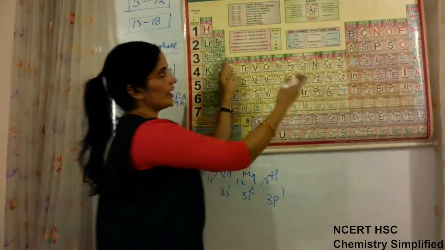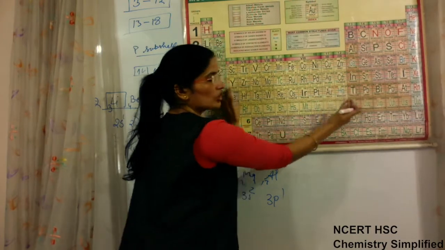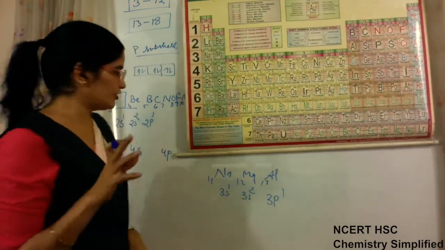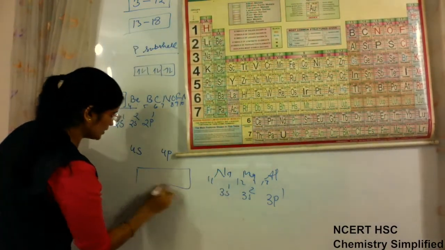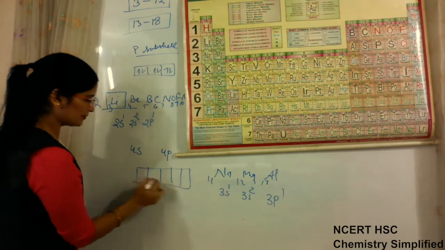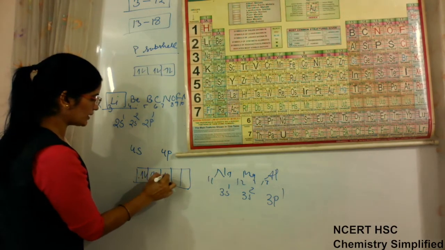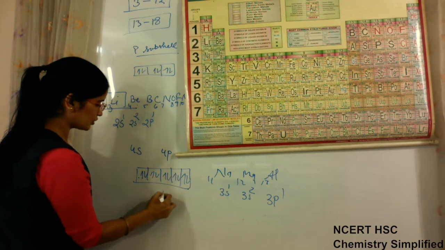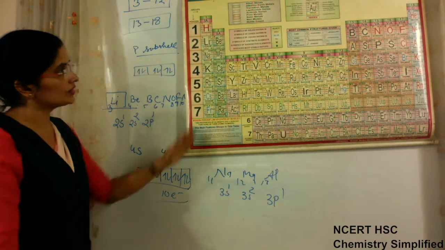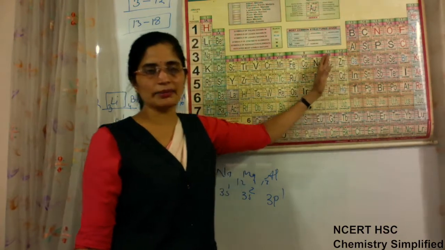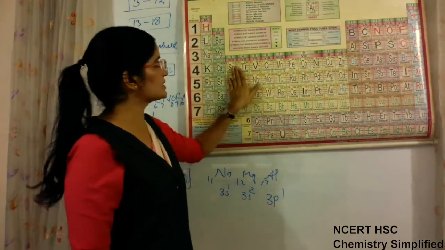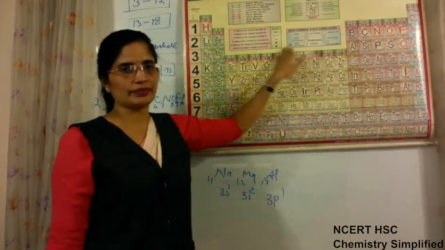In between s and p we have a slot for 10 electrons, and we know that the d subshell has 5 orbitals. Each one can have 2 electrons. That means total electrons which can be filled are 10. That is why we have 10 elements in between, because this is the filling of the d orbital.